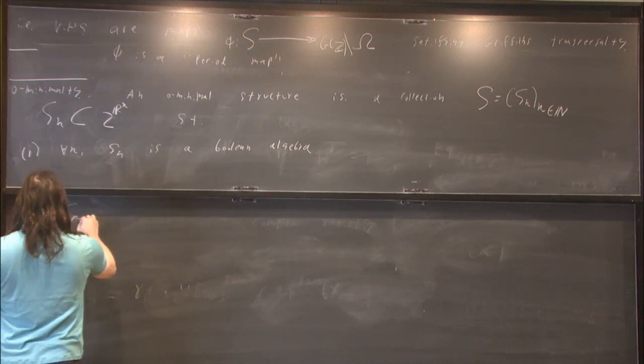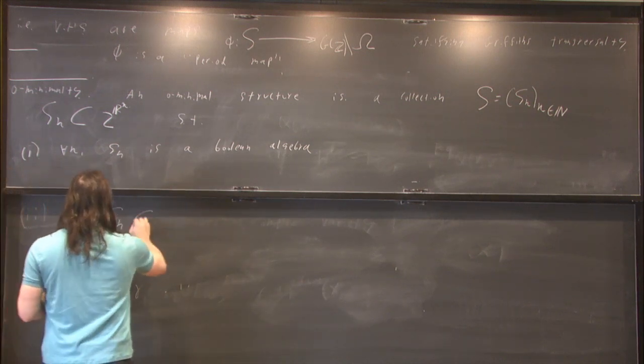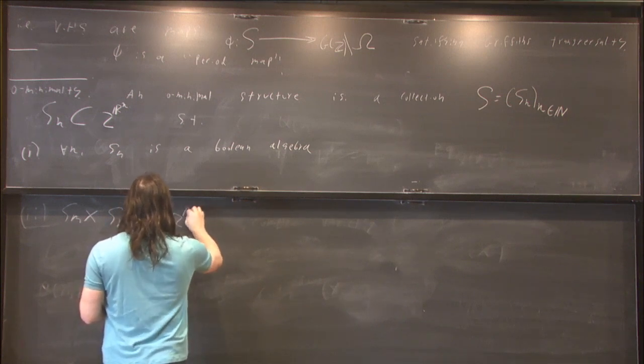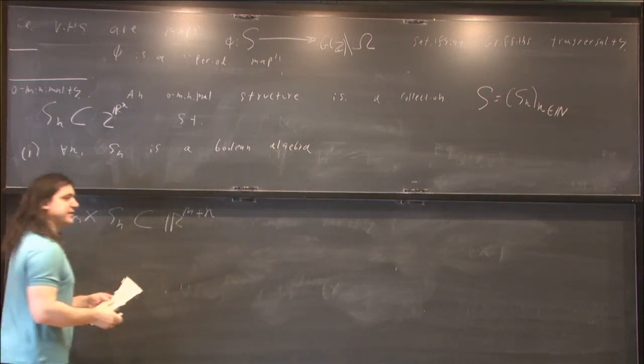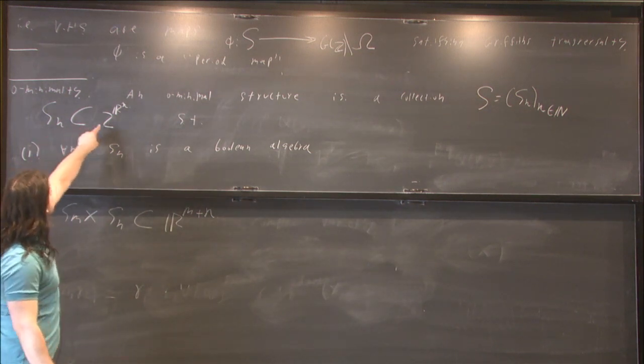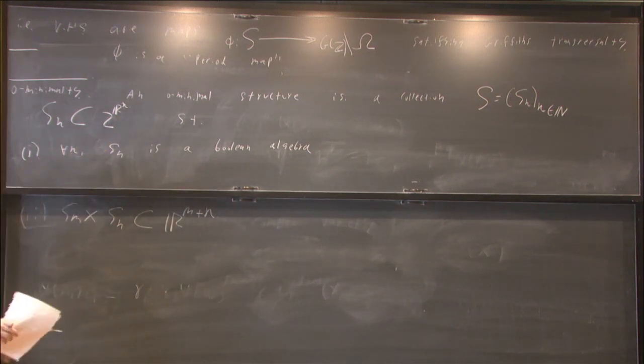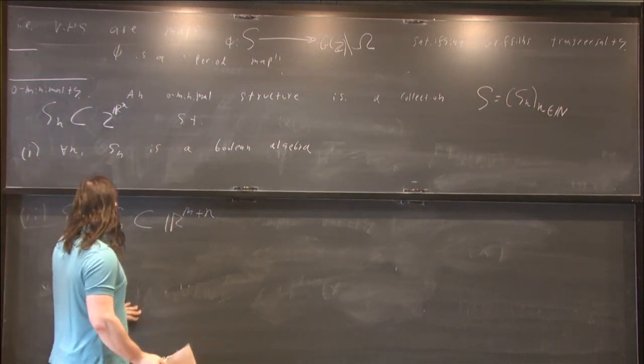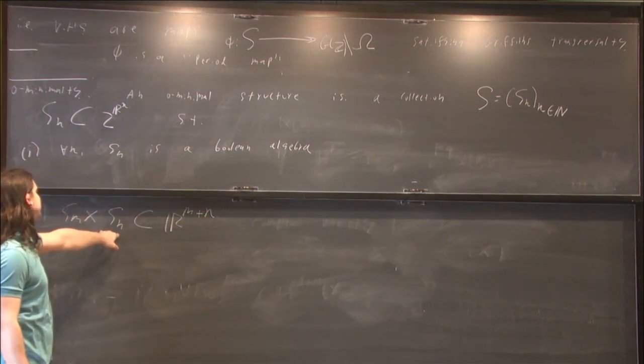And you're allowed to take products. Sn is a subset of the power set of R to the n, so it's just a collection of subsets of R to the n. So if I take a subset in Sm and a subset in R to the n.